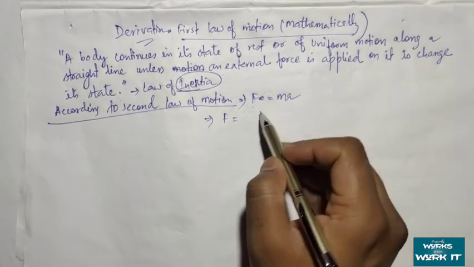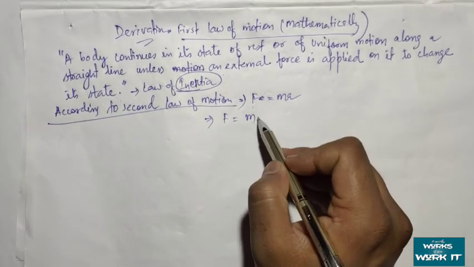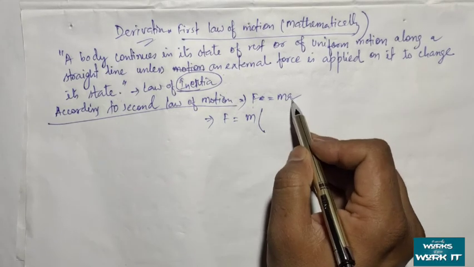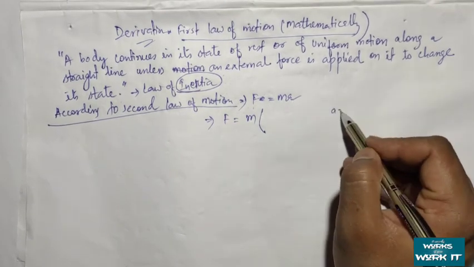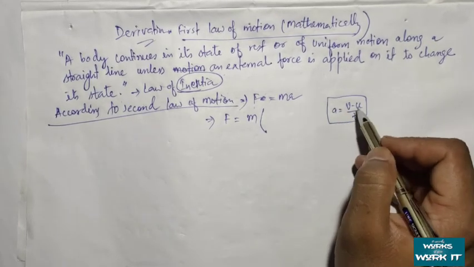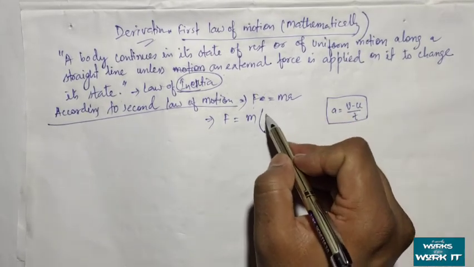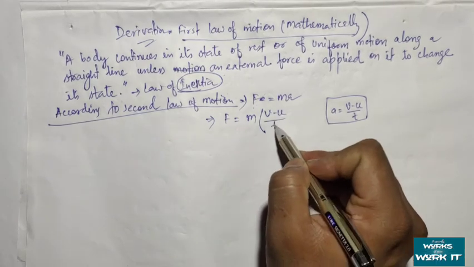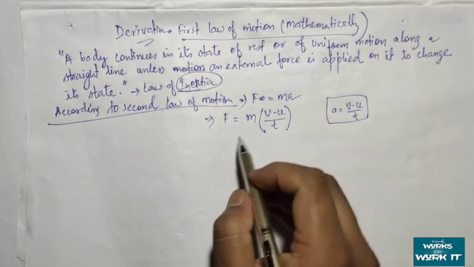In place of a, acceleration, we have the formula a is equal to v minus u by t, which I have discussed already. So I will place this instead of a.